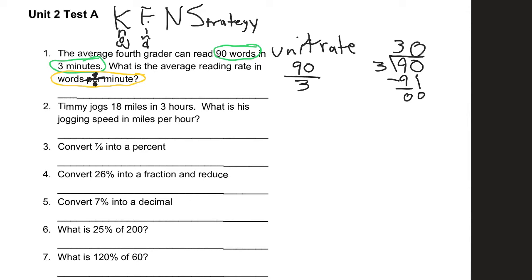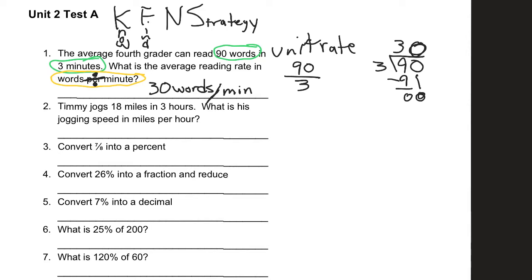That's how that works. Okay, so if I end up with like a 0, 0, I just put the 0 up there. So I got 30. So 30 words per minute. And I can write either the word per, or I can do this little slash here and abbreviate minutes. 30 words per minute. Okay.